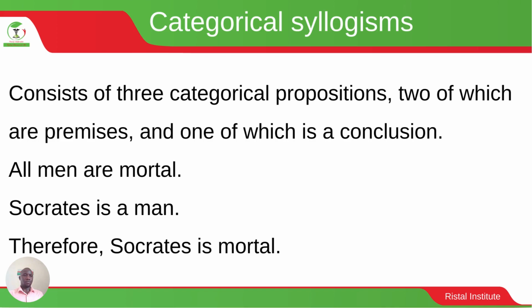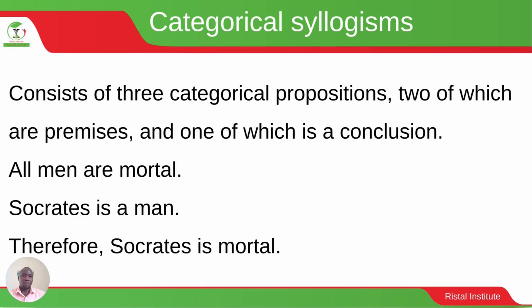Let me just continue. So categorical syllogisms consist actually of three categorical propositions, of which two are premises, and the third one is a conclusion.